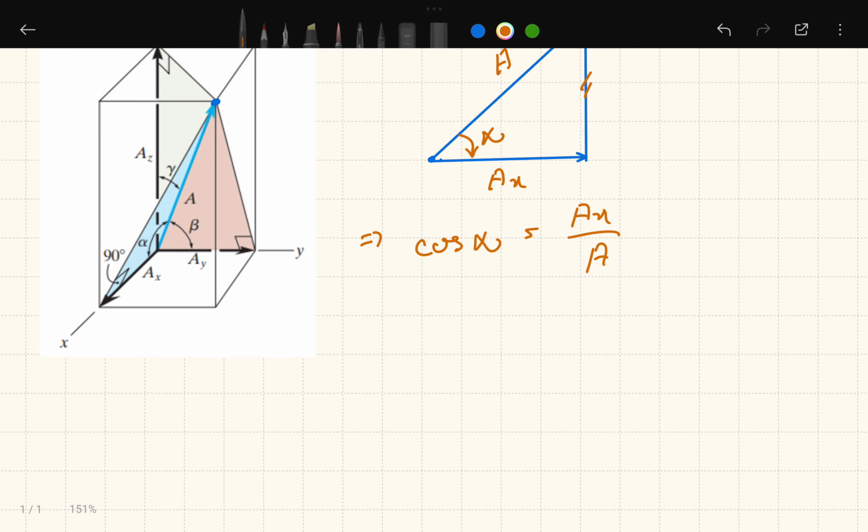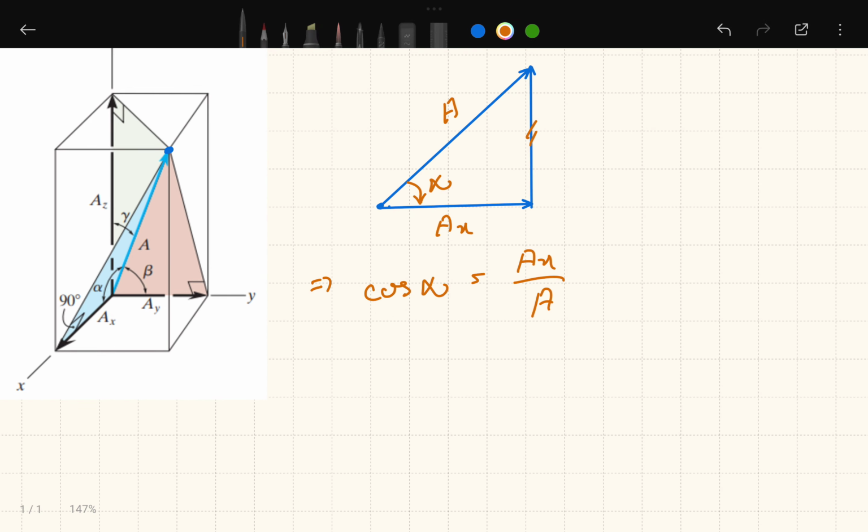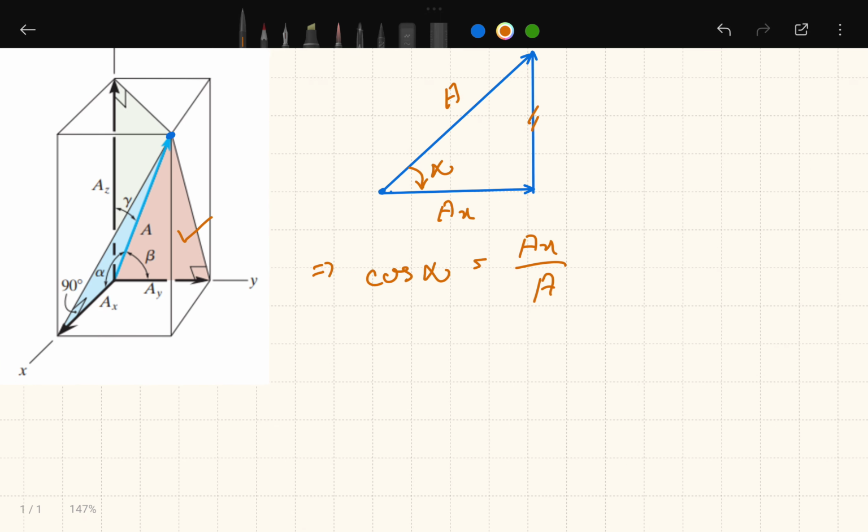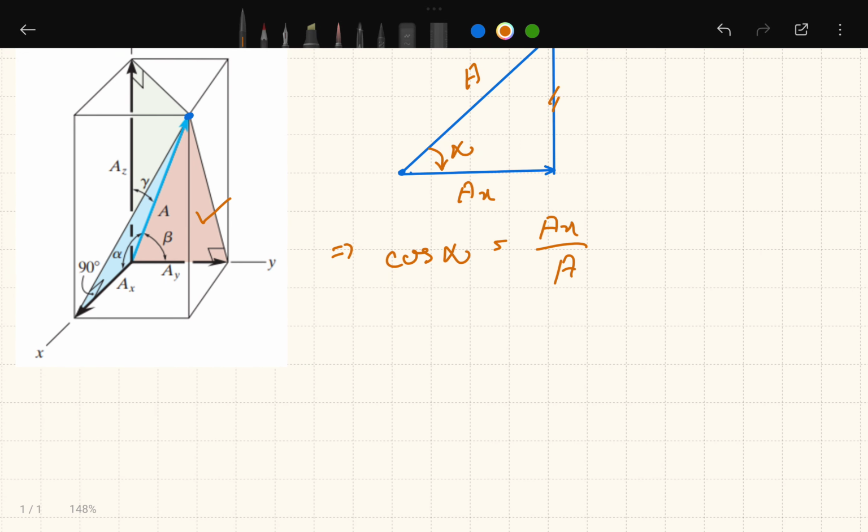Similarly, if you consider the next triangle with the y-axis, this gray or pinkish triangle, starting with the origin, you draw the y-axis.